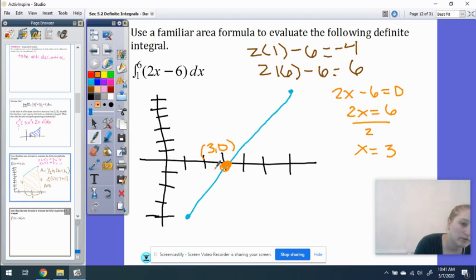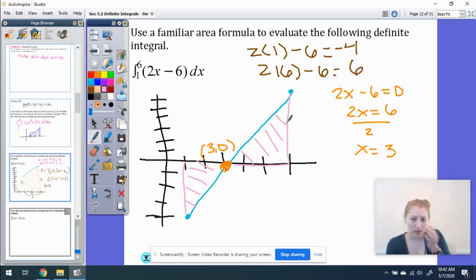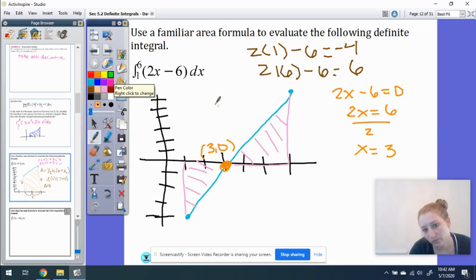Okay, so how am I going to find the area? What I'm noticing is if I connect this here, this is a triangle, right? And this is also a triangle. Okay, all right, so let's go ahead and knock this out. So we know that the area of a triangle is 1/2 of your base times your height.